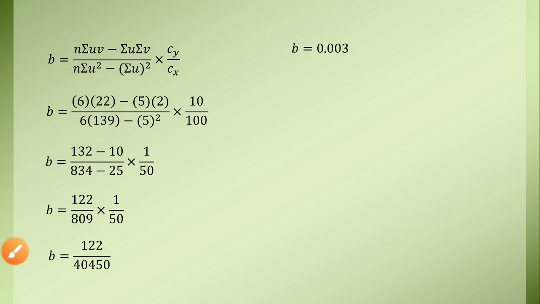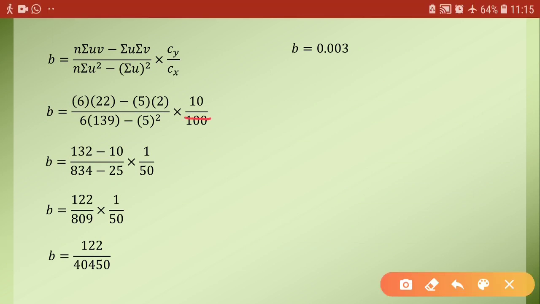I told you that Cy is 10 and Cx is 100. It's not 100, there is a typing error. It's 500. Now solve. 22 into 6, 132. See here, 5 2s are 10. 6 into 139, 834.